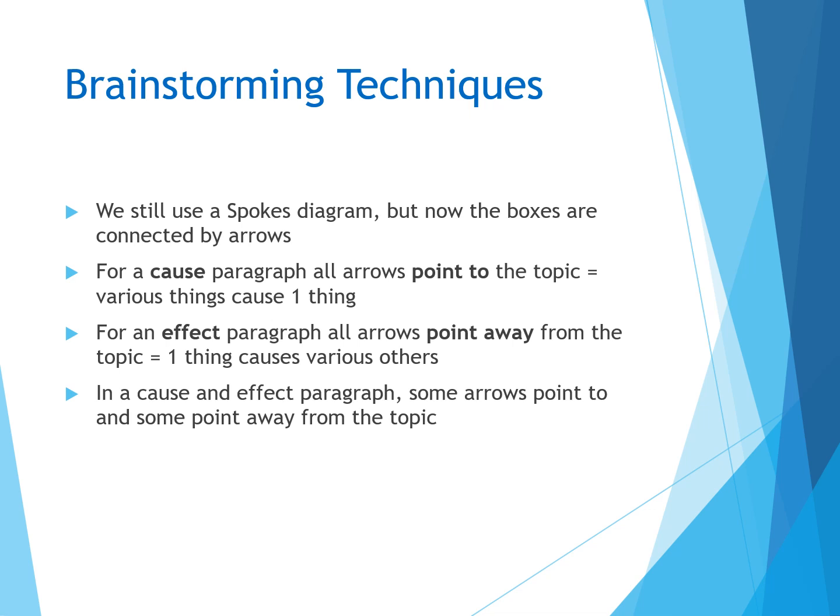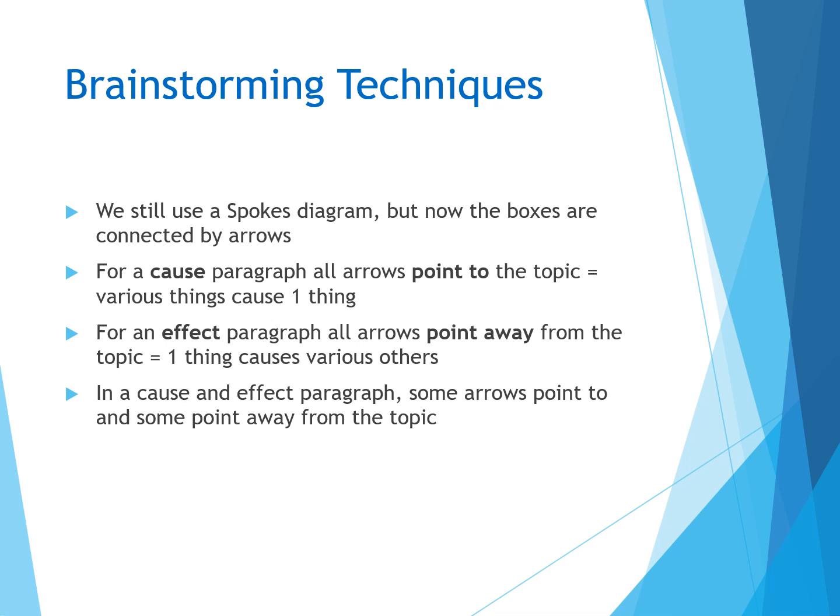Now, for brainstorming techniques, we can still use a spoke diagram, but now the boxes are connected by arrows. For a cause paragraph, all arrows point to the topic. So the various things cause one effect. For an effect paragraph, all the arrows point away from the topic.